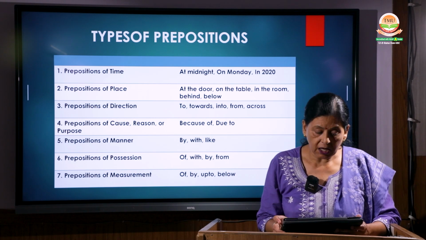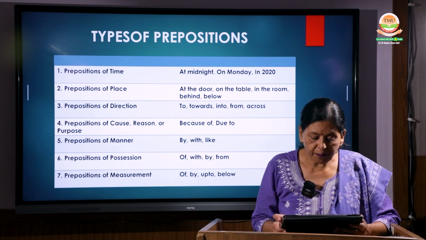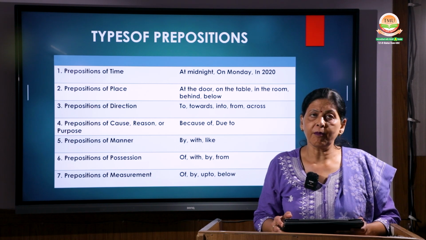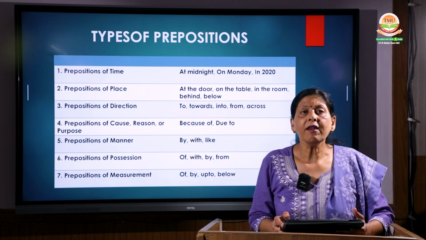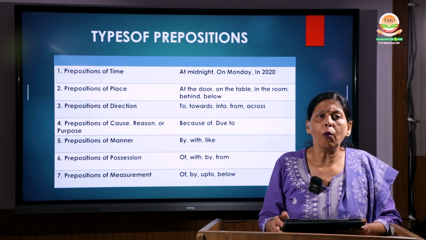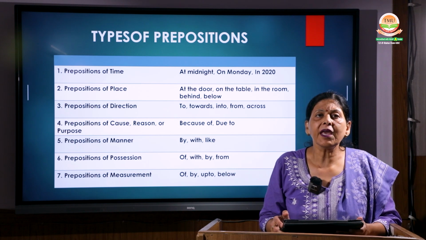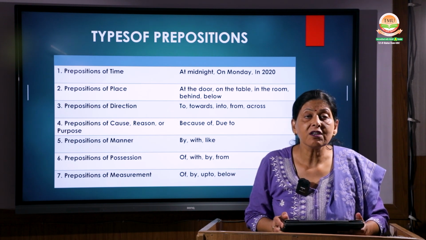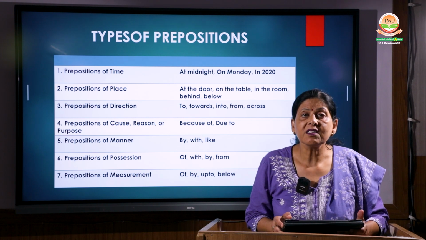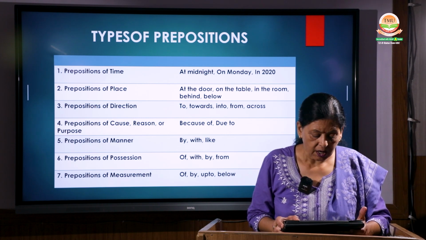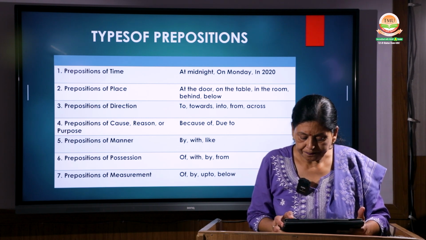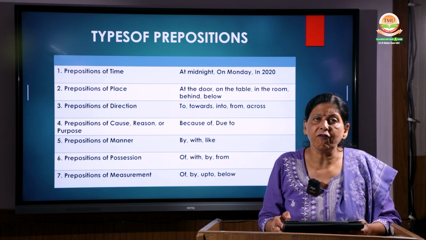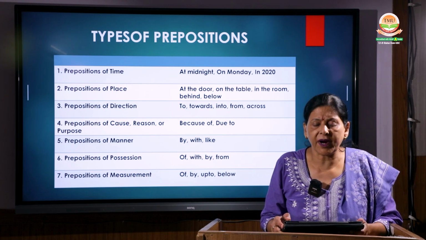Now we will start with the preposition of time, means when the action has taken place. When Ram came home at midnight. When did Ram come home? At midnight. So that is a preposition of time. She has joined the office on Monday. When did she join the office? On Monday.